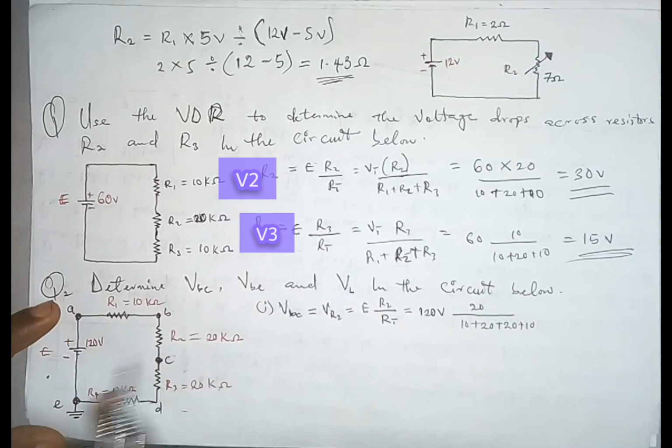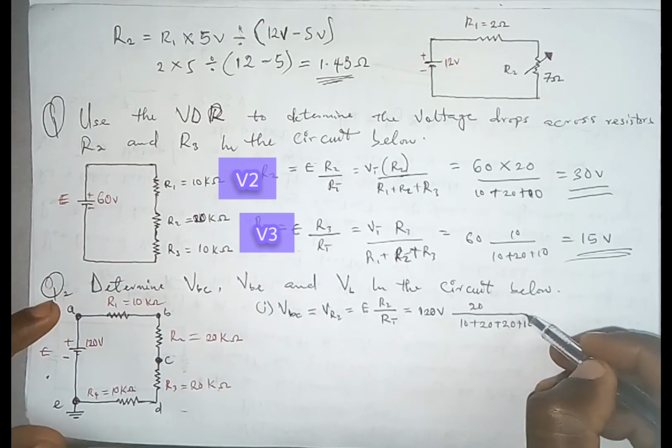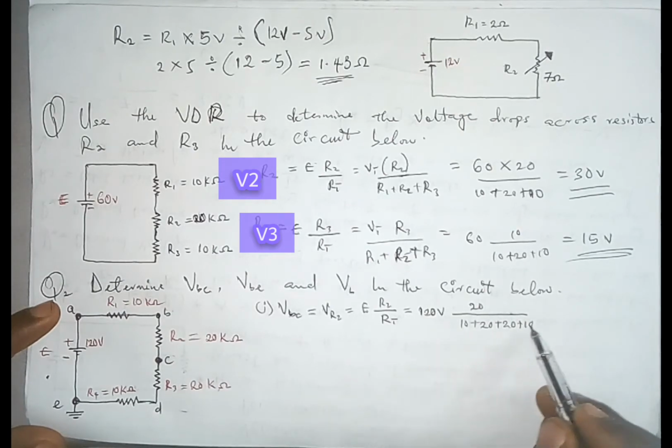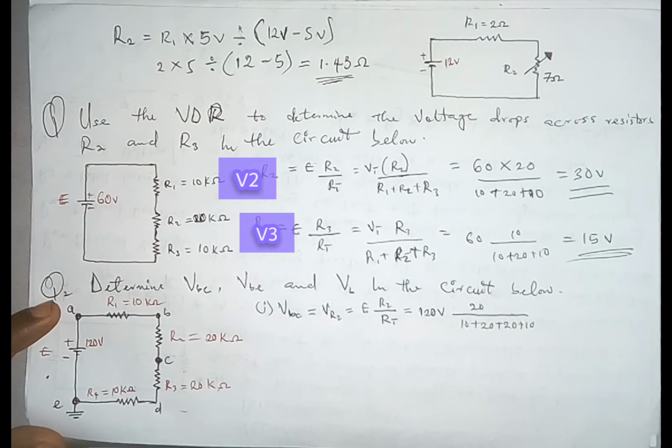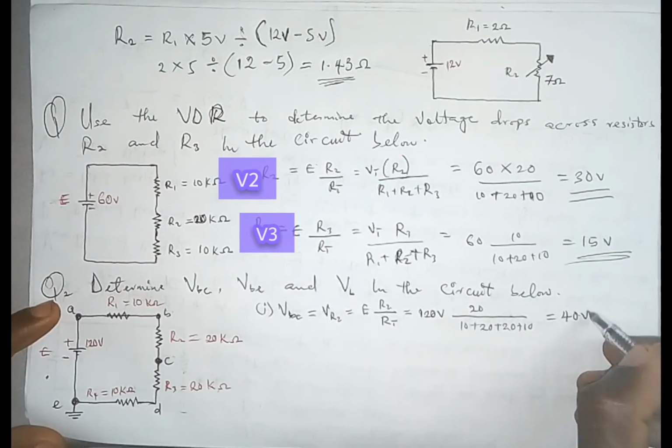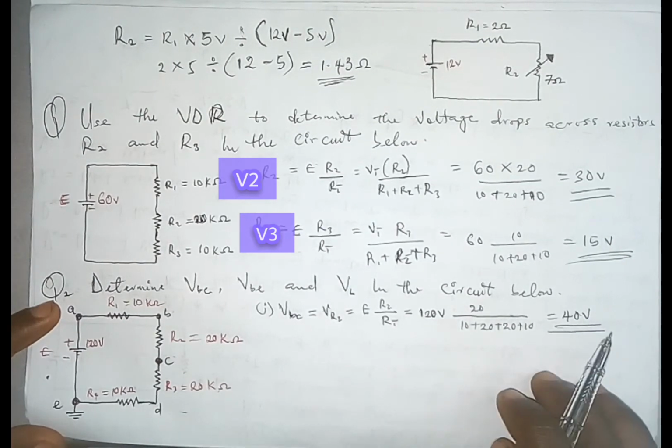So that is what we have here all around. Without wasting much of our time, let's punch our calculator. We notice that our answer is 40 volts. Please cross check; you should get 40 volts.